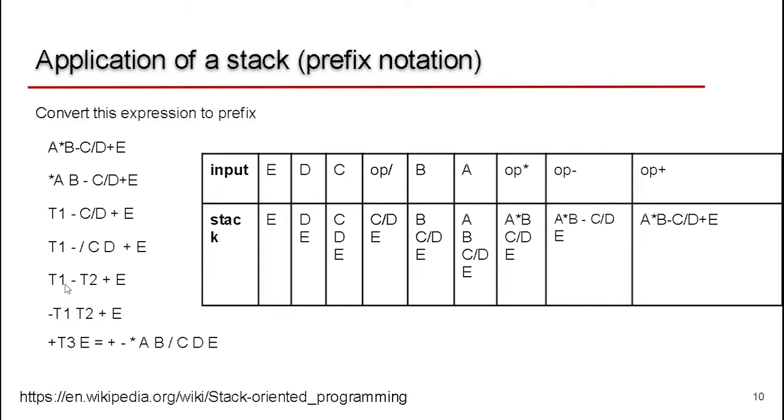Now all of them have the same priority. We'll start from left to right. T1, T2, and before them we put the minus. We call this T3. Then plus T3 E. Now we will do the last step.